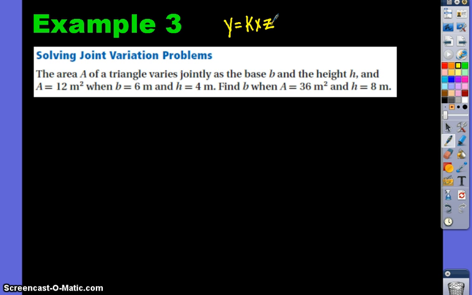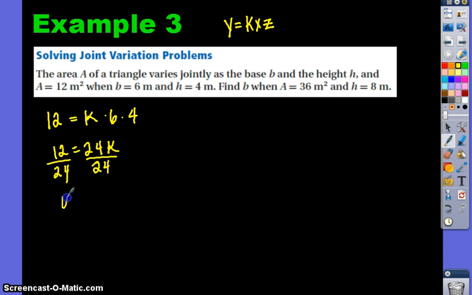We know that area A is 12. We don't know the constant of variation, so that's k times 6 times 4. So we know that this would be 24. So 12 is equal to 24 times k, divide by 24, divide by 24.